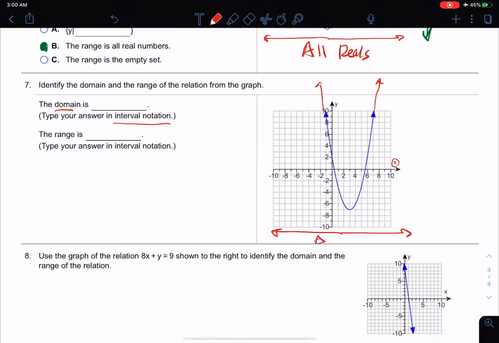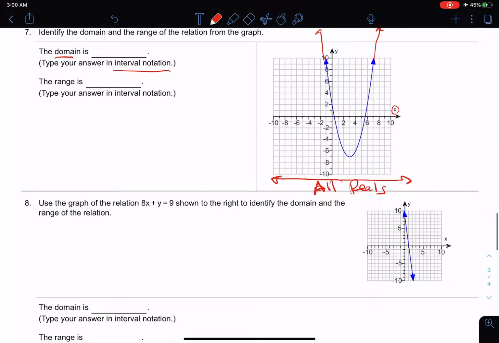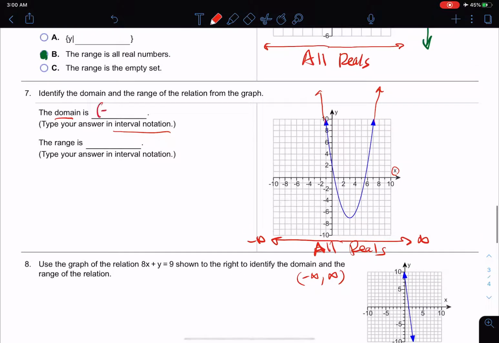So this is all reals for the domain. How do you write all reals in interval notation? Well, you go to negative infinity out here, and you go to positive infinity out here. So it just is negative infinity to positive infinity, and it's open. You cannot close or include infinity.